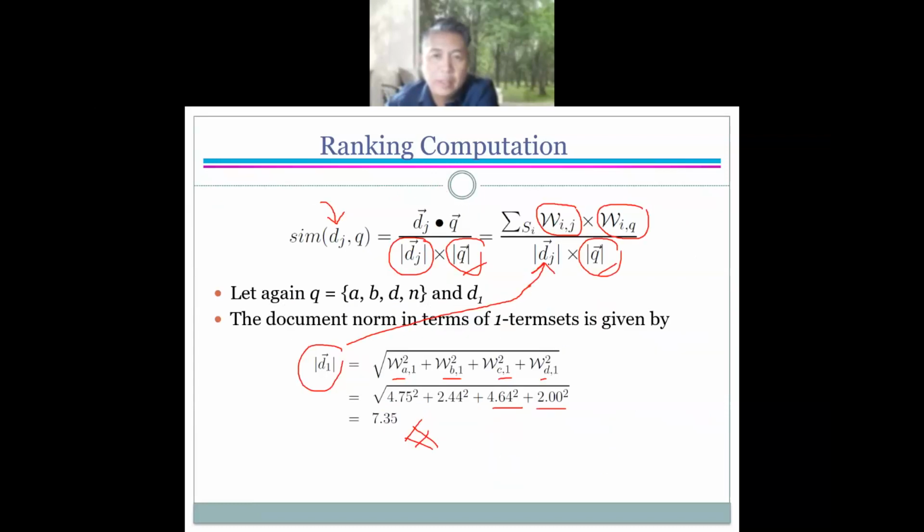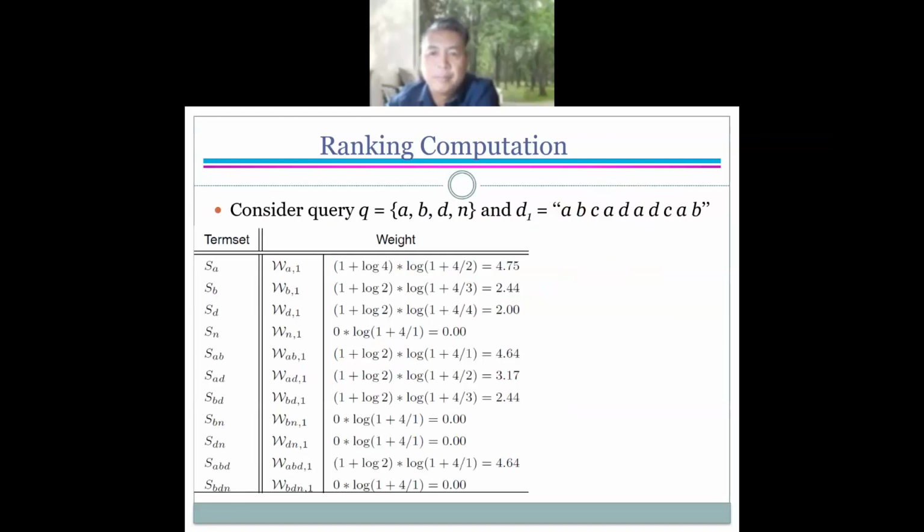According to the formula, we are looking at the vector of the document times the vector of Q. So basically, we just match them, and then multiply and get the summation.